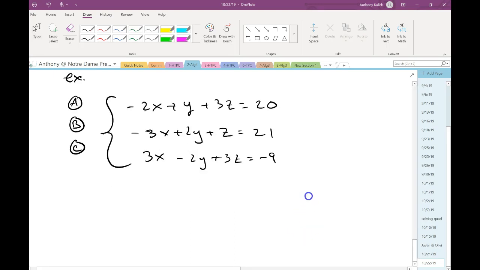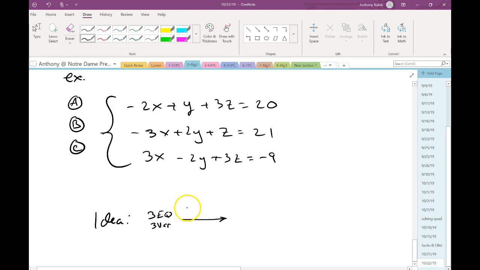So before we go and show you actually eliminating this, what I want to do is talk a little bit about the idea of what we're doing here. We're going to start with 3 equations and 3 variables.